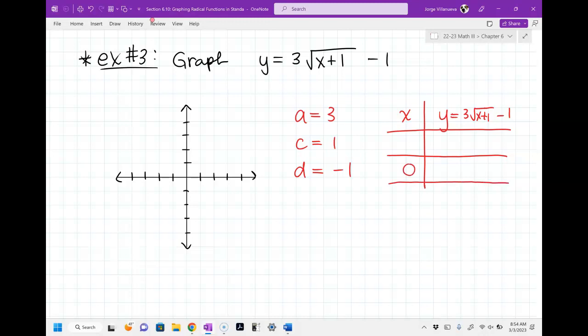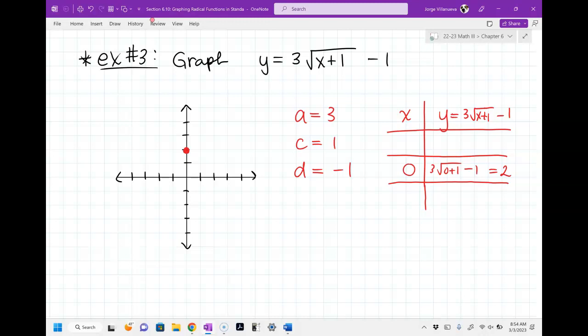I'm not going to put it at the very beginning because I actually would have started at a different number. So if I plug in a 0, 0 plus 1 is 1. The square root of 1 is 1. 1 times 3, 3. 3 minus 1, 2. So this 3 square root of 0 plus 1 minus 1 is 2. So 0, 2. Putting a dot right there.